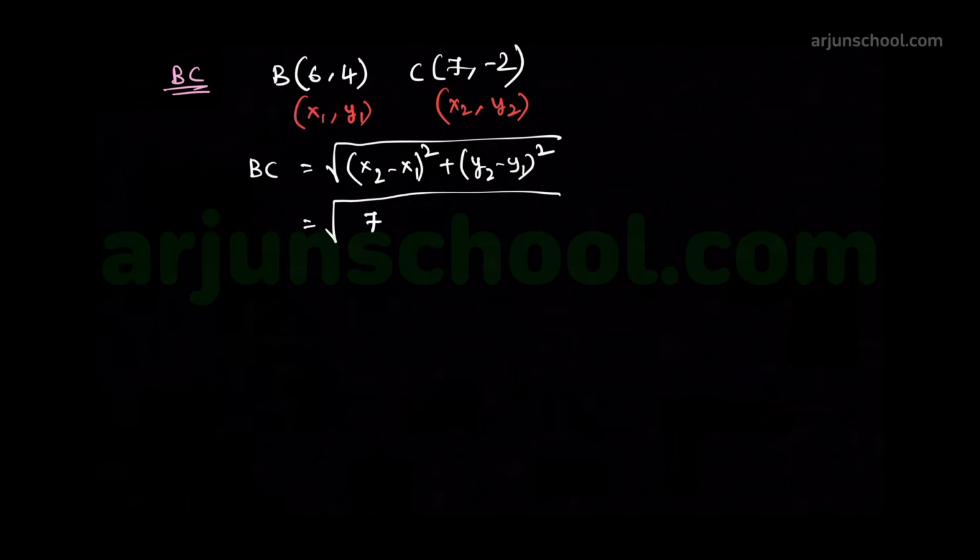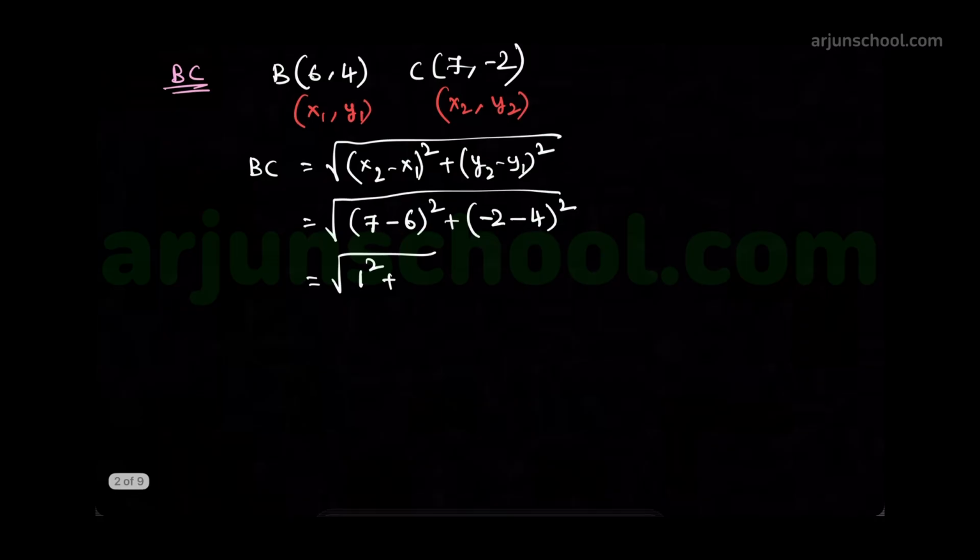That is equal to root over (x2 is 7 minus x1 is 6) whole square plus (y2 is -2, y1 is 4) whole square. That is equal to root over (7 - 6 is 1) square plus (-2 - 4 is -6) whole square. That is equal to root over 1 square is 1 plus (-6) whole square is 36. That is equal to root over 37.